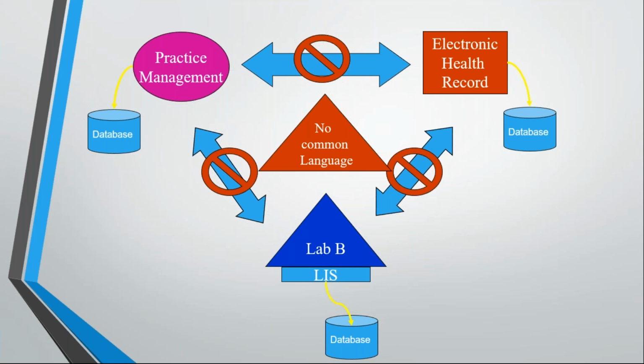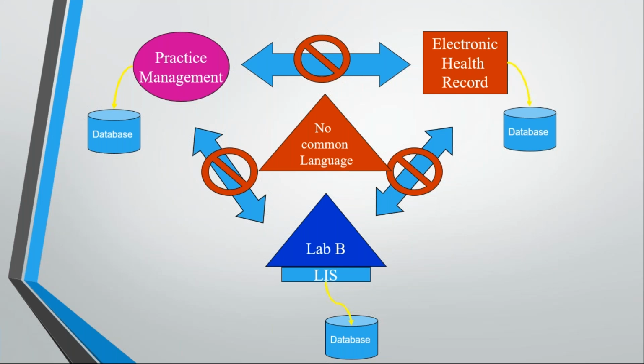So when a patient gets registered, the patient registration information will be extracted from the PM system and inserted into the EHR database. But the caveat here is, the engineer will design the data extraction model from the PM system based on the architecture of the PM system's database.